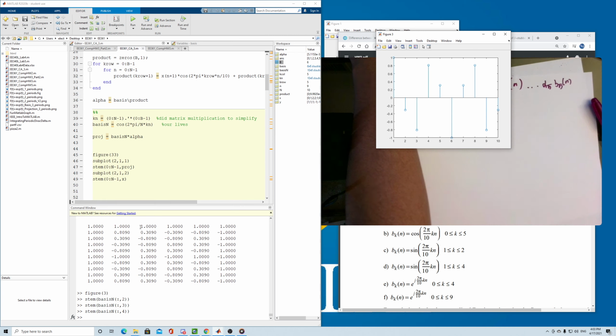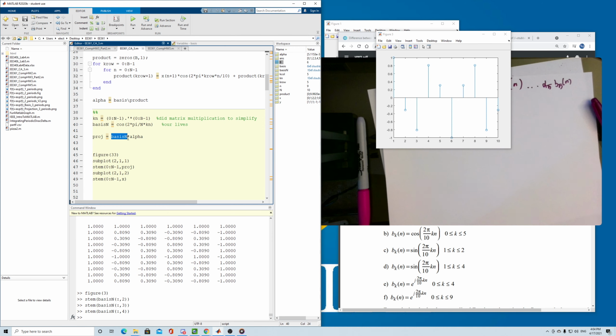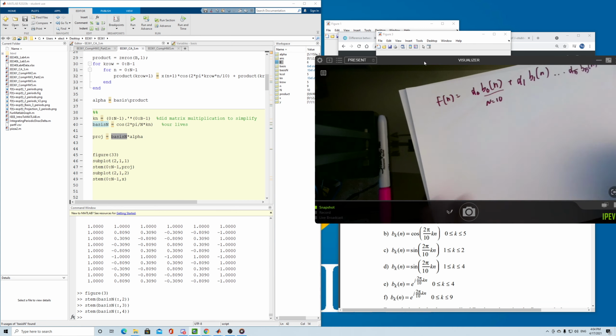However, we've got to multiply all these columns by their respective alphas. So if this is going to be multiplied by alpha 0, this is going to be alpha 1, 2, 3, 4, 5. So now you're seeing the gist of it, right? This basis of n, I'll write it right here. Good thing I can double screen this.